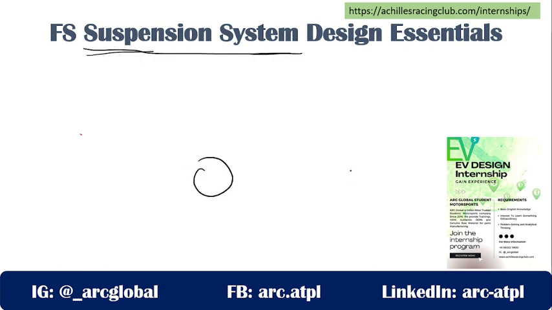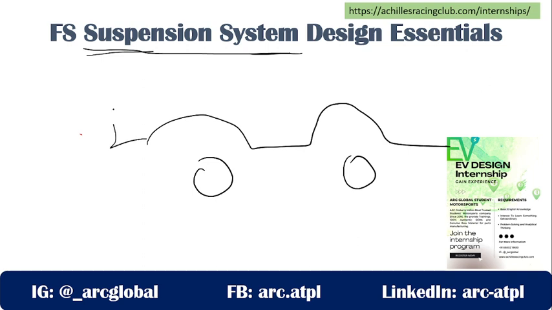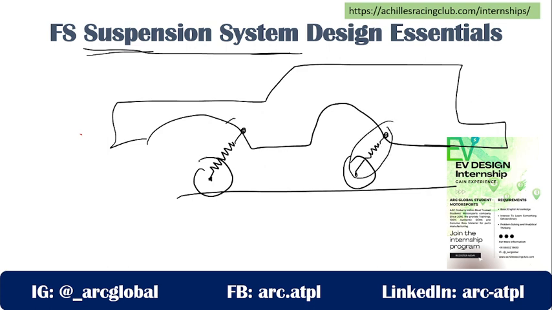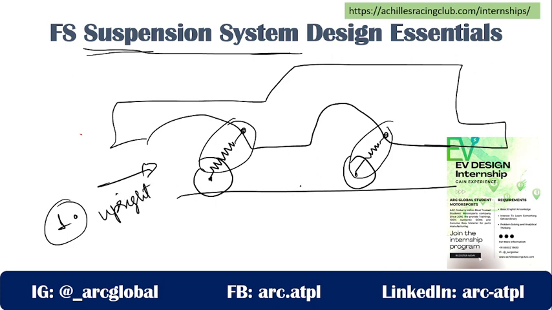So, this is my tire, this is my frame, and now my tires and my frames are connected with the help of a shocker or with the help of a spring. Now, there are two functions of this spring. The very first is to keep everything upright, everything over the ground surface.